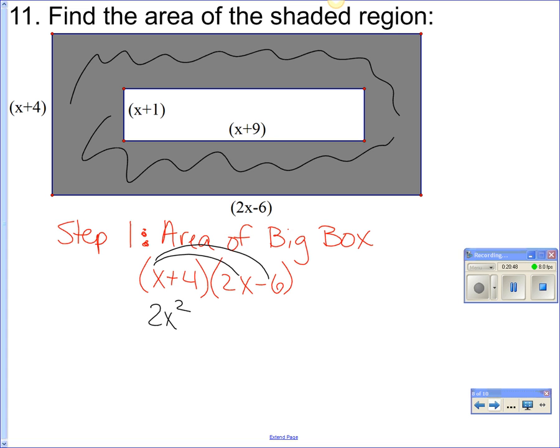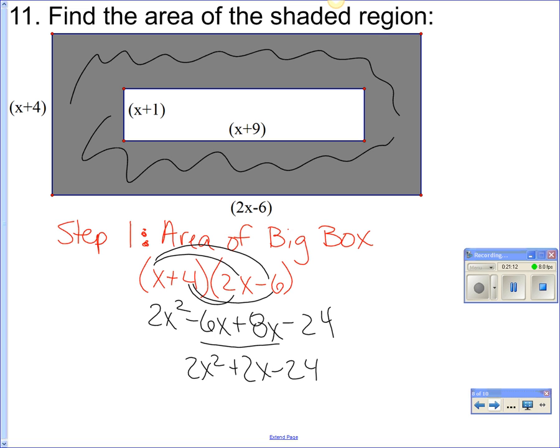X times negative 6 is, very good, 4 times 2x is, and 4 times negative 6 is, okay. All right, I'm going to go ahead and combine like terms, so I get 2x squared plus 2x minus 24. Do y'all agree with that?